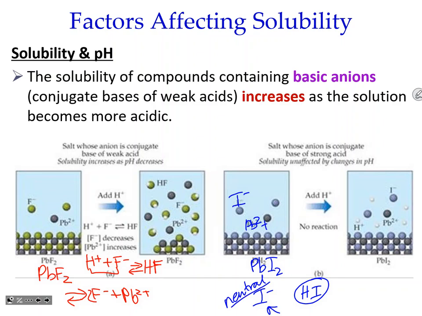So it's not going to react with water. That's why in this particular case there's no reaction. It's not going to increase the solubility because the I- is not reacting with water. It's not reacting with H+. It's not going to allow for more salt to dissolve. So basic anions, remember, in lower pHs are going to dissolve more of the salts.